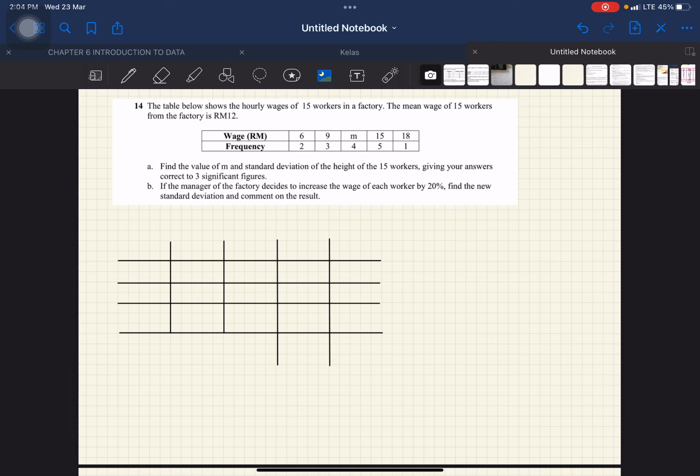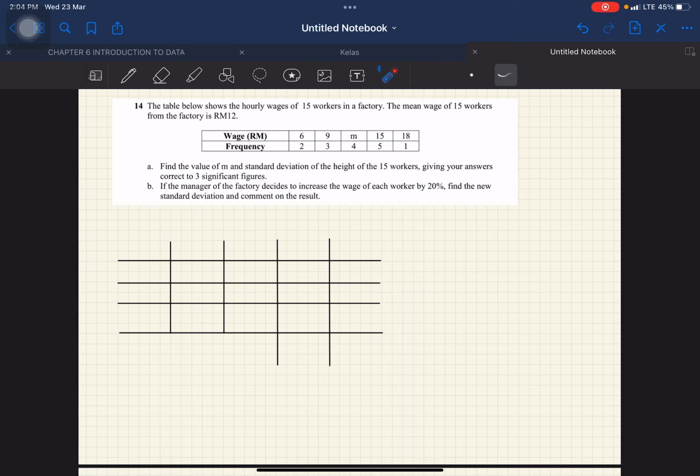Alright, so for number 14, in our previous class, I remember someone asking about part B. Reading the question again, if the manager of the factory decides to increase the wage of each worker by 20%, it asks us to find the new standard deviation and comment on the result.